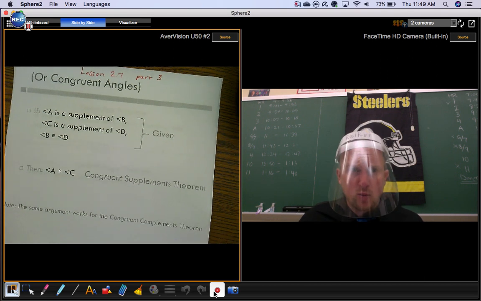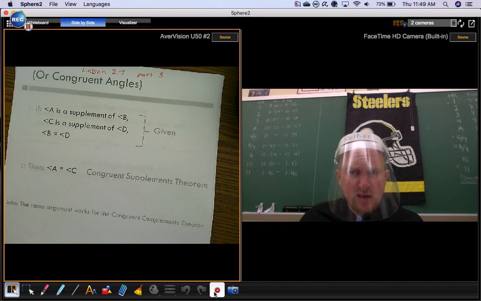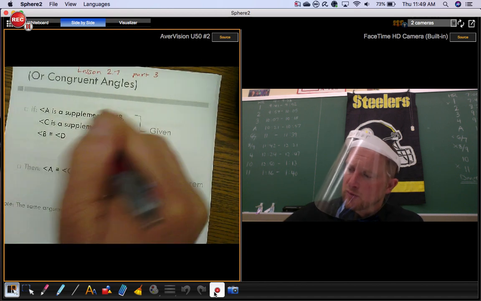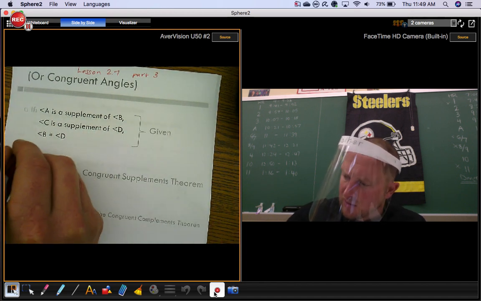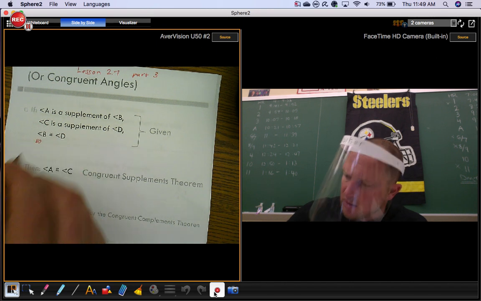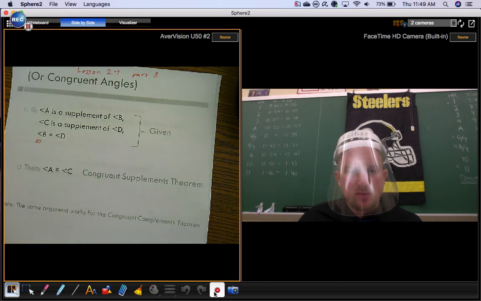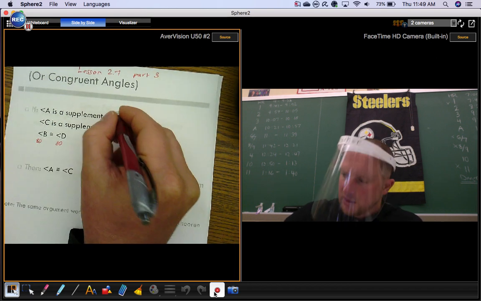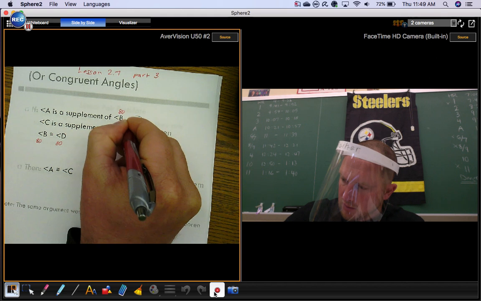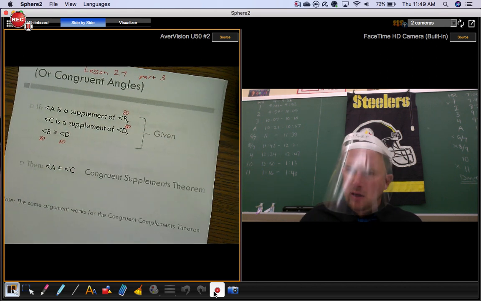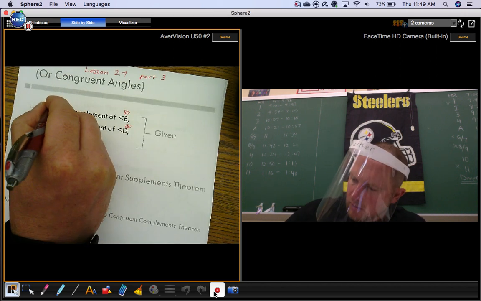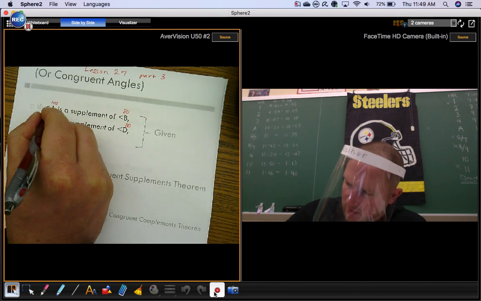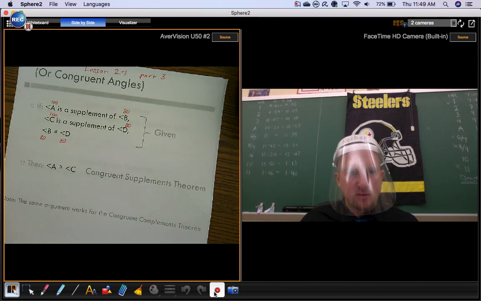Okay, now we should prove this, but I'm just going to make you believe that it's true. So for example, I'm going to say that angle B is, we'll just make it easy, 80 degrees. Well, if it's congruent to angle D, then it's also 80 degrees. And if both of these angles are 80, what does that do to their supplements? The supplement of 80 is 100.